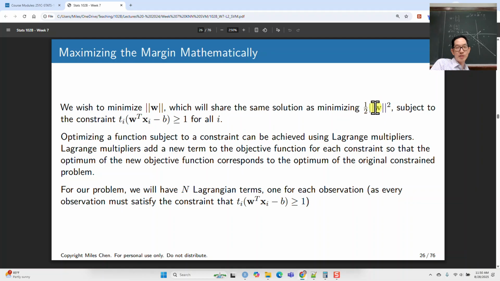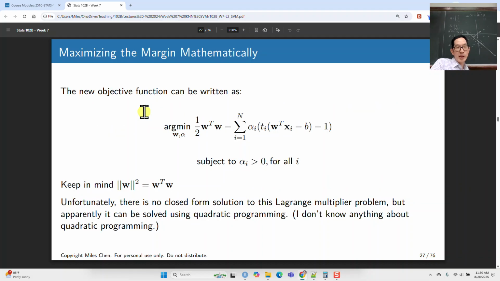So we're going to try to find the W that minimizes this norm. The norm of W squared is equal to W transpose W, and it's the same thing as minimizing this. Then for every constraint we have a Lagrange term times the constraint, which has to be true, and we have one of these for every single observation.